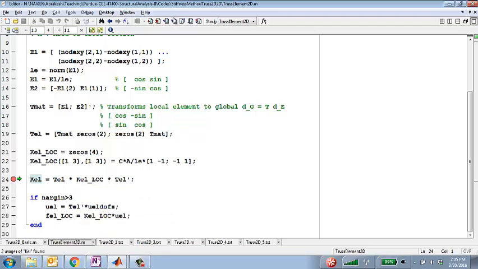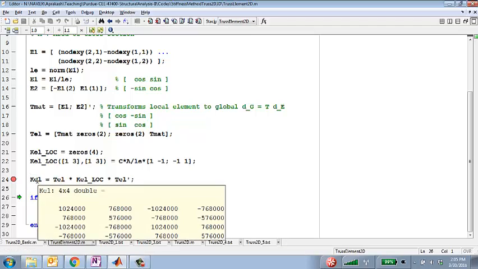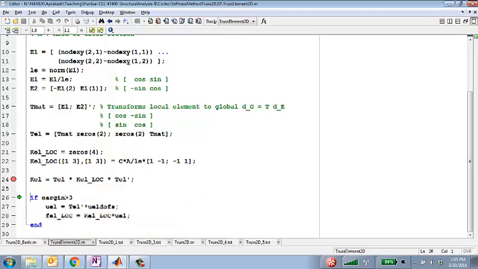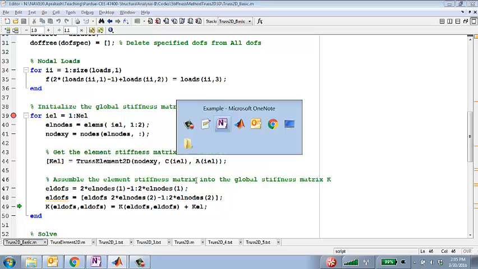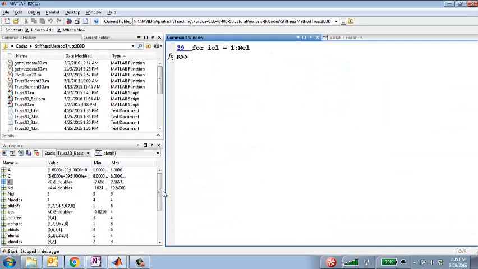That causes the global element stiffness matrix to be all full non-zeros in the 4 cross 4. That gets assembled to the global K. Just before I assemble it, let's take a look at what that matrix looks like.